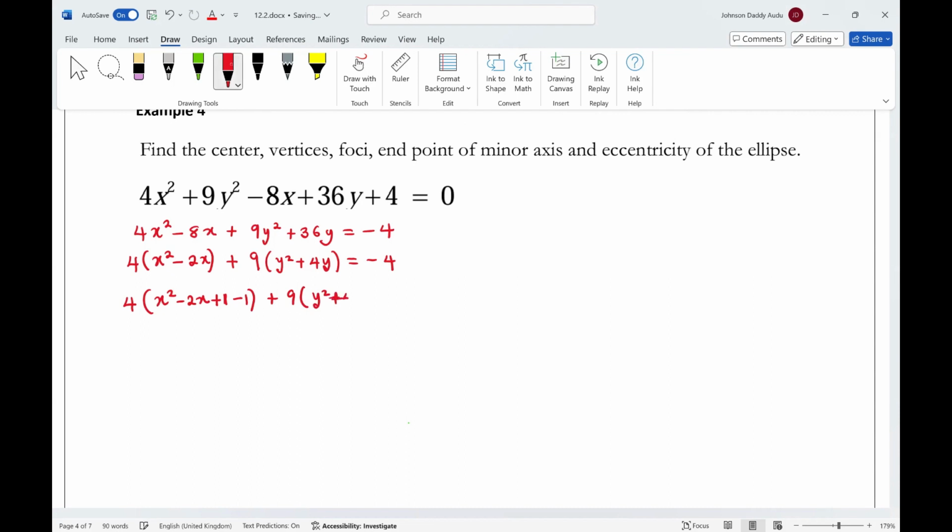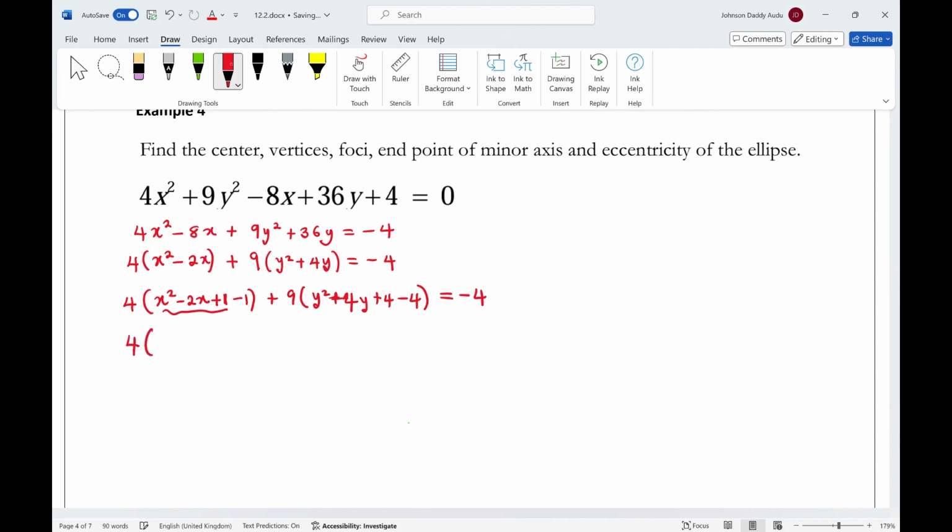To complete the square, half of the coefficient of y, which is 4, is 2. So it will be y squared plus 4y plus 4. Then we subtract 4. So it's like we're adding nothing to it.